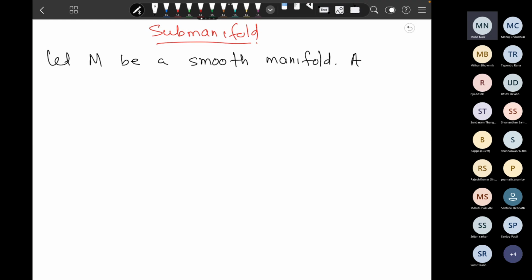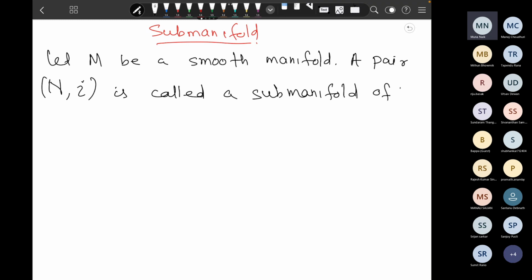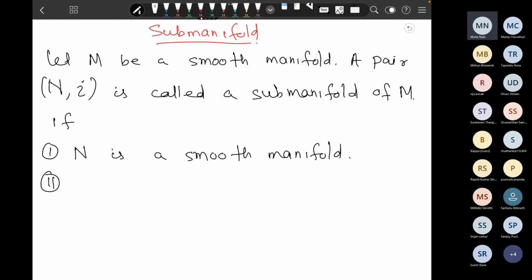Then a pair (N, I) is called a submanifold of M if, first, N is a smooth manifold. Second, the map I is 1-1.